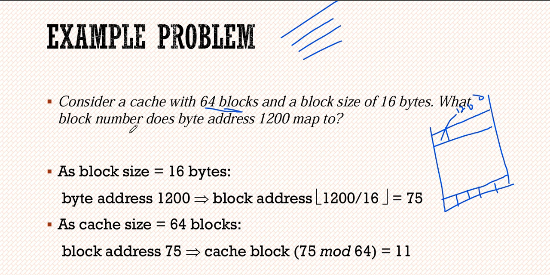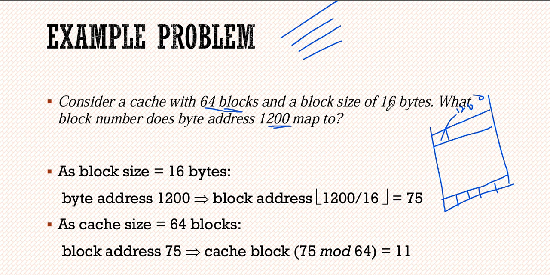Now you are to find the block number that byte 1200 will map to, right? So in that sense, you are finding the number of times 16 bytes can divide 1200. Because if you divide the 1200 by 64, it's wrong, because this is direct mapping, and in direct mapping, the same block may be used by multiple addresses, right?